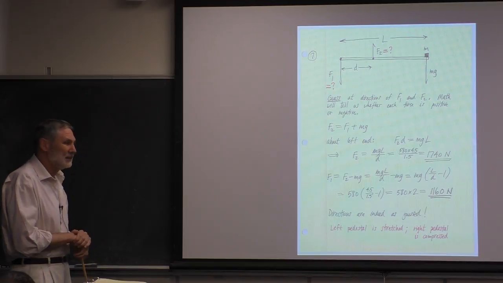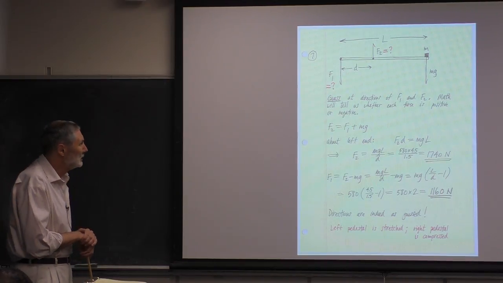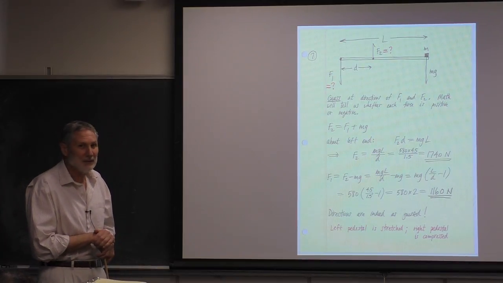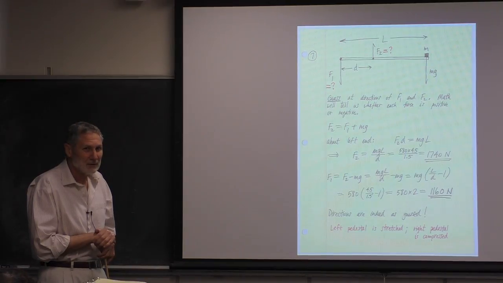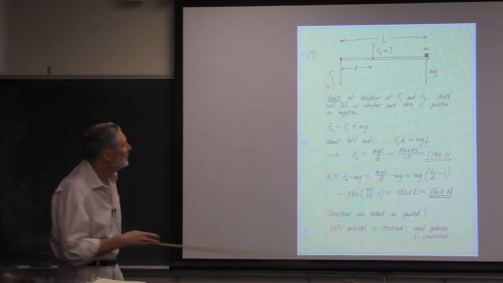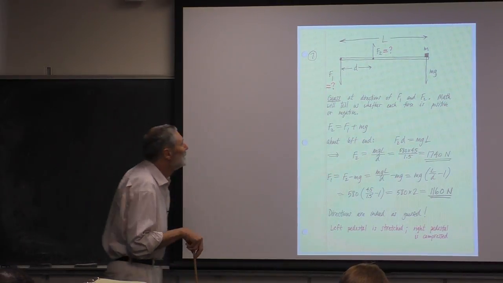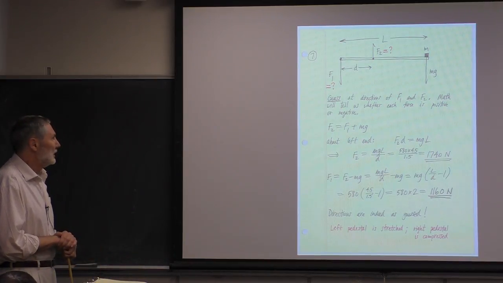We're going to neglect the mass of the board, and we're also neglecting something else here. Anybody ever walk onto a diving board? Yeah, right. We're neglecting the fact that it's going to flex here, right? So it's a stiff board of negligible mass.